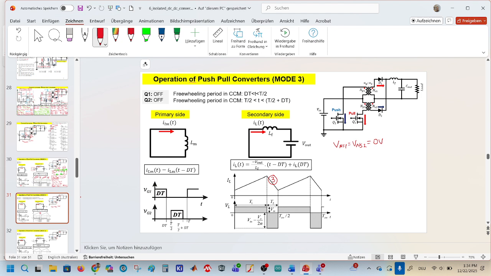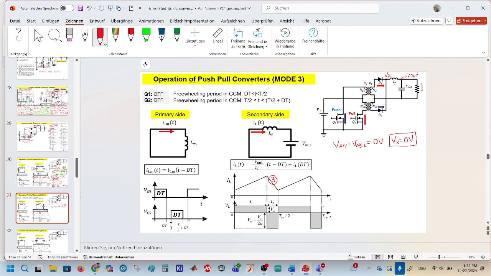If there is no voltage on the secondary side, V of X should also be, let's say, 0 volts. But there is a voltage on the output.